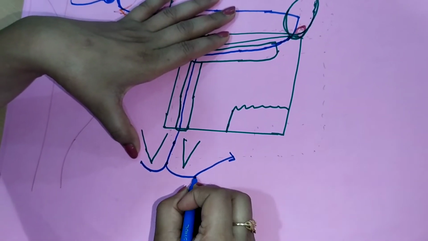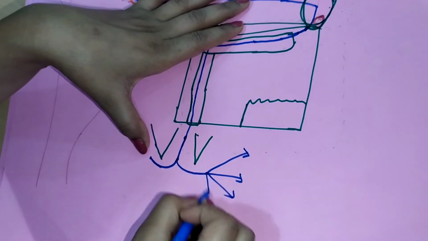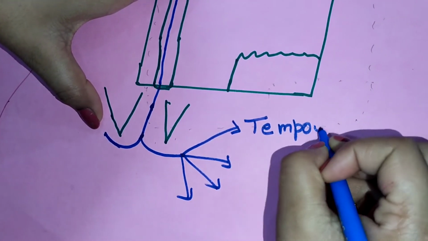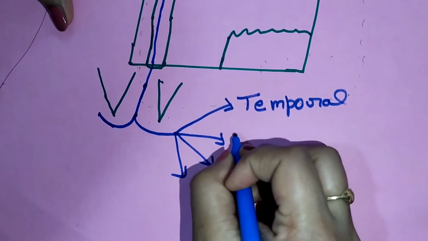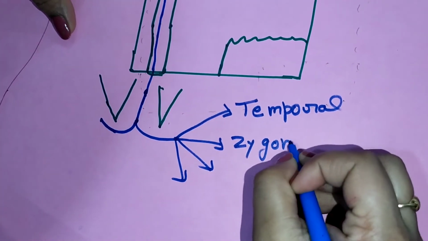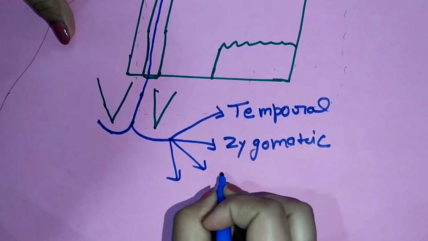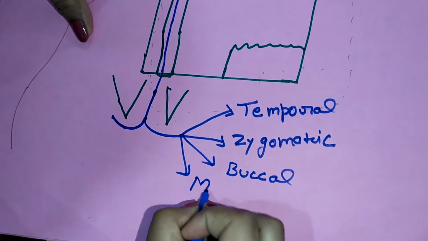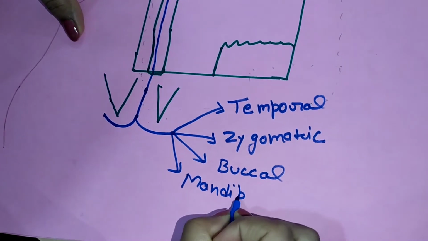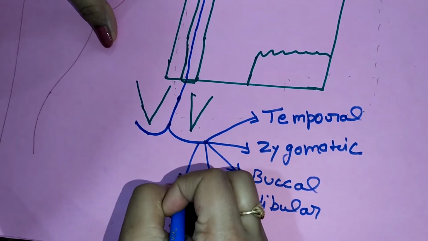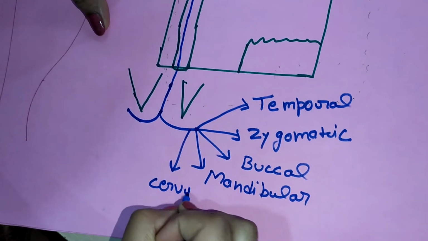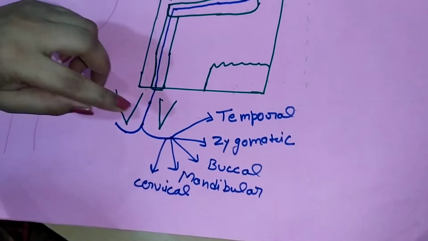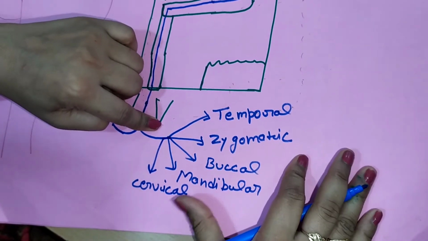Here it gives 5 branches basically: temporal branch, zygomatic branch, buccal branch, mandibular and cervical. So in the parotid gland it gives 5 motor branches.